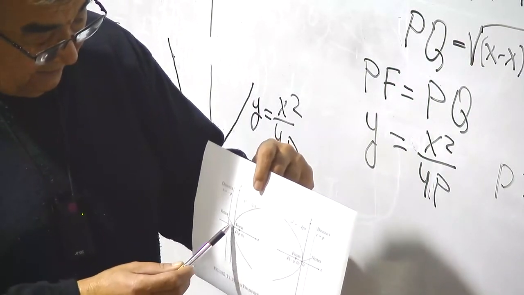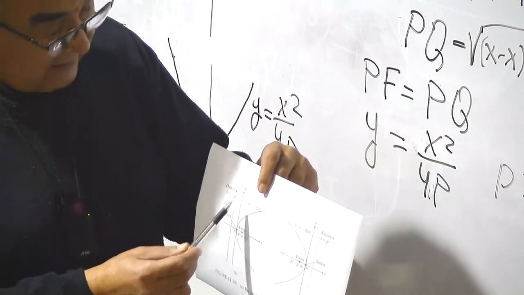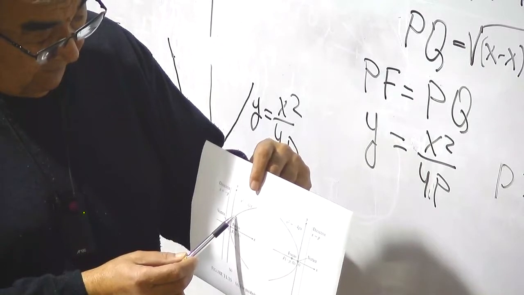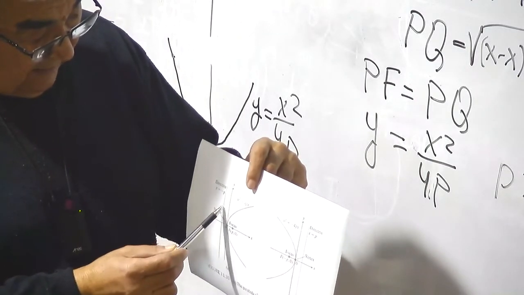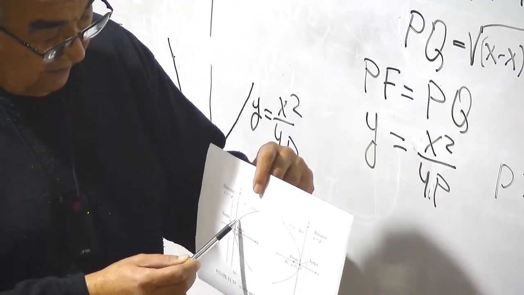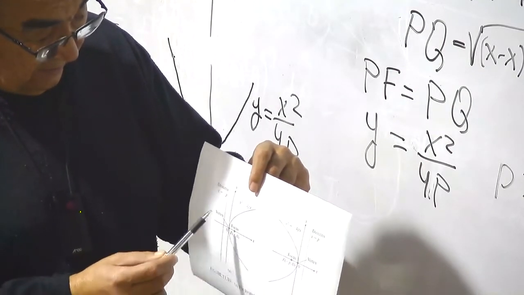That means this distance equals this distance. In this case, again, equating the distance from the focus to the point, and the distance from this point to the directrix.